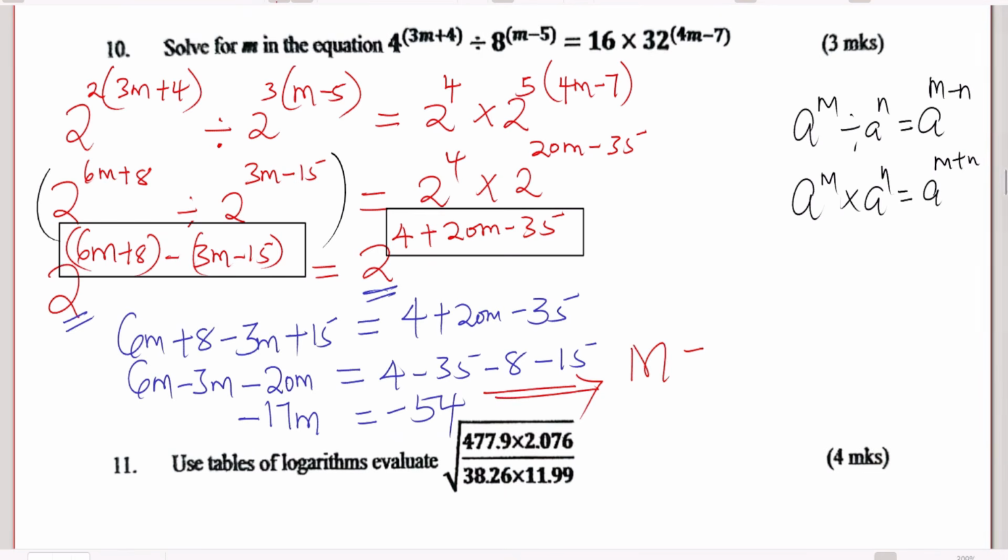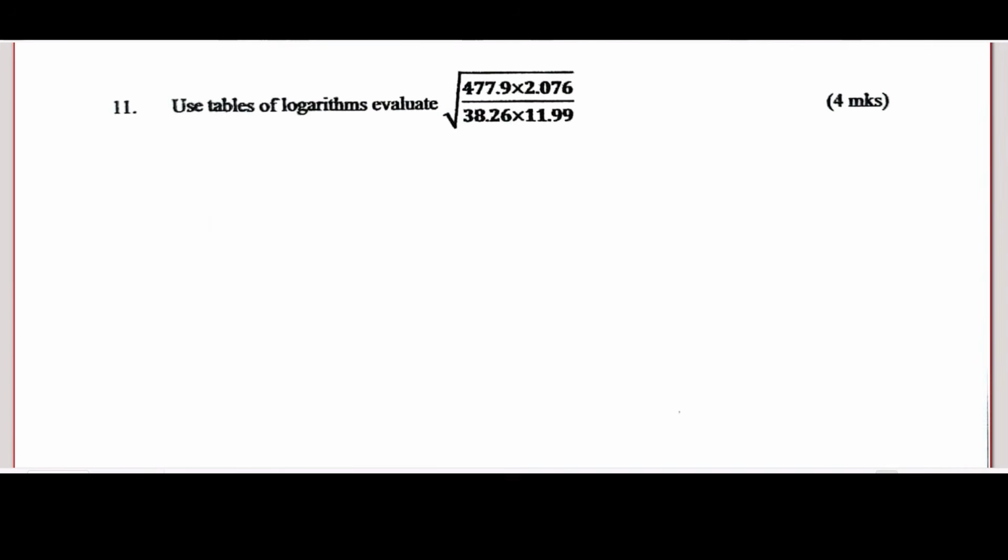So m is equal to negative 54 divided by negative 17. Simple as that. And because you have negative on both sides, of course you'll have a positive answer. So 54 divided by 17, you'll have 3 point. You can write m in terms of decimal or fraction. So this will give 3.176 as the solution.